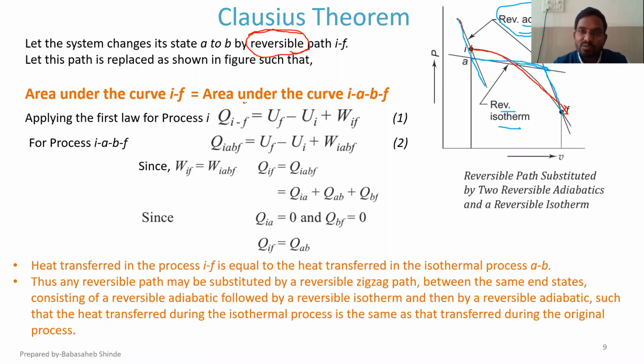Okay, so there was one process IF that was a reversible path, and that reversible path I want to replace by reversible adiabatic, followed by reversible isotherm, and again followed by reversible adiabatic. And I want to check whether this replacement is possible or not, or if possible, what care needs to be taken.